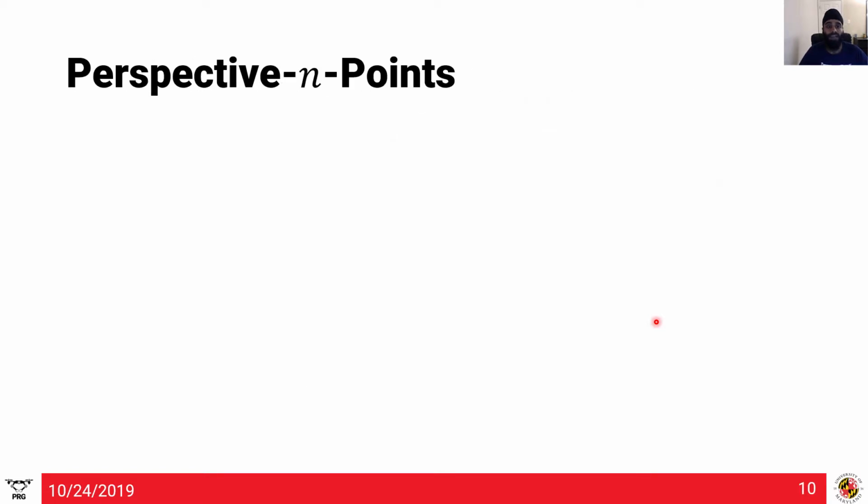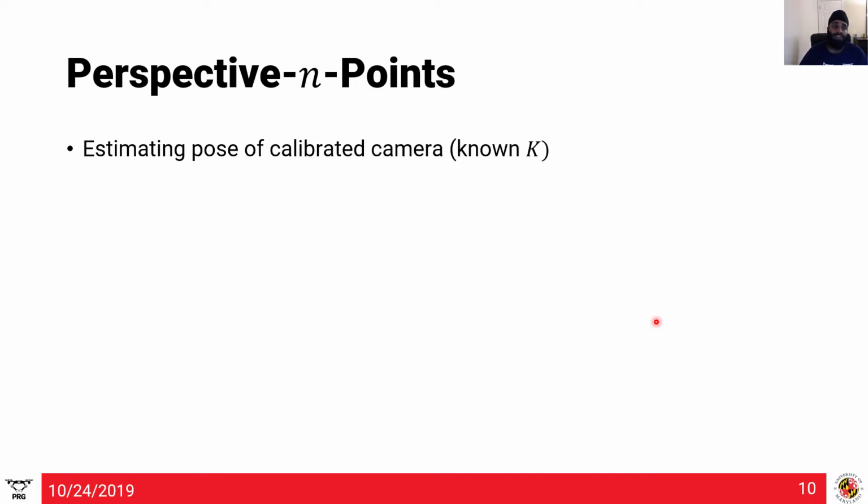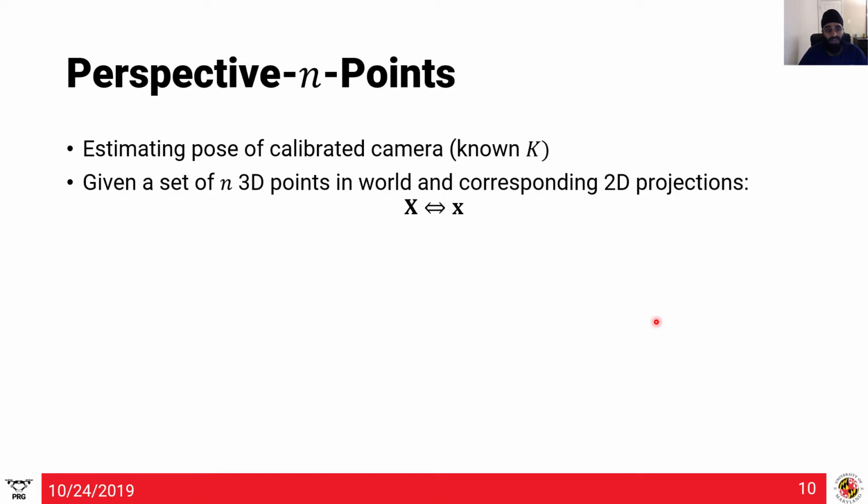Okay, next thing is perspective-n-point. This is a very fundamental problem which says that I want to estimate the pose of a calibrated camera. When I say pose of the calibrated camera, it means my K matrix is known, right? So given a set of n 3D points in the world coordinate system, and you have the 2D projections, you can say that you have the correspondence between capital X and small x from triangulation, right? And you can assume that n is greater than 3.